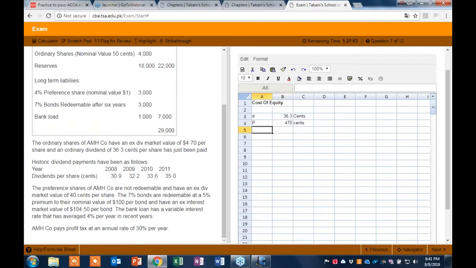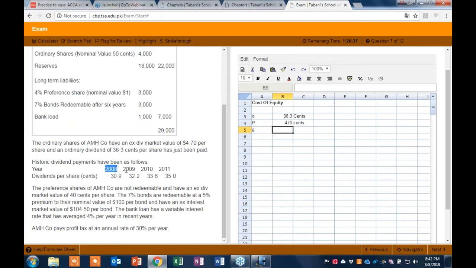Okay, we've got D, we've got price. Now we need to calculate the growth. Here again, we have to calculate the compound growth rate with the latest dividend 36.3 in the numerator, divided by the earliest dividend, which is 30.9, raised to the power 1 divided by the number of years in between these two values.